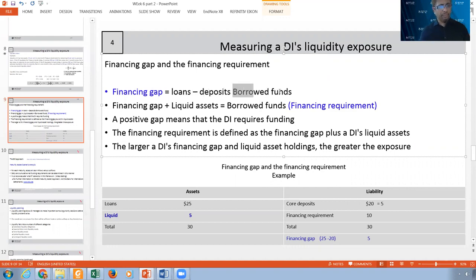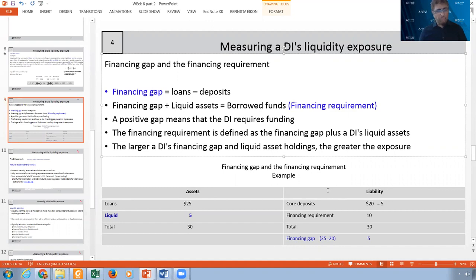This is the financing gap. Please correct it on your side. So it's loans minus deposits, which is this one minus this one. But now, this is the financing gap.